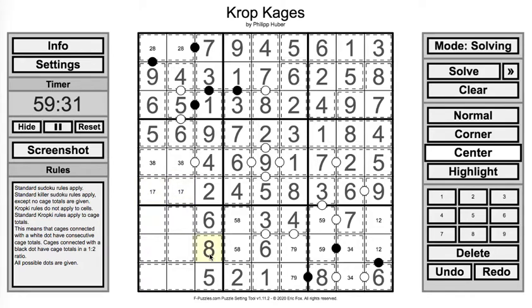So this 8 now is finally useful and disambiguates the 8 and the 5 and the 9, the 9 and the 7, and we are left with basically the bottom left of the grid to solve.